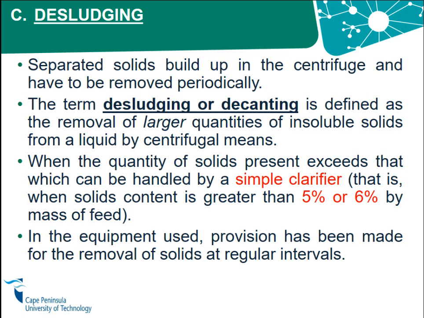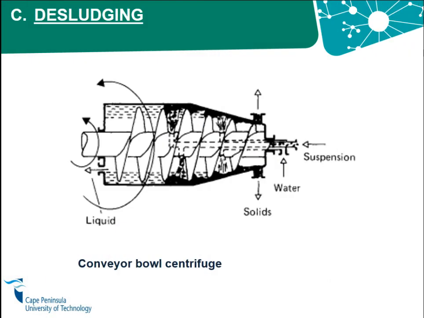A classical example that fits in here is what we call a conveyor belt centrifuge. So how does a conveyor belt centrifuge work? You've got your feed that comes in here, which is your suspension, and there is water that is also fed in here. As these two incoming materials come in, the solid materials tend to be removed at the beginning.